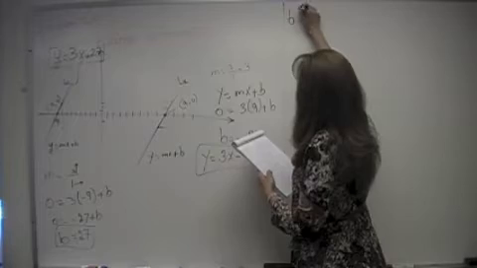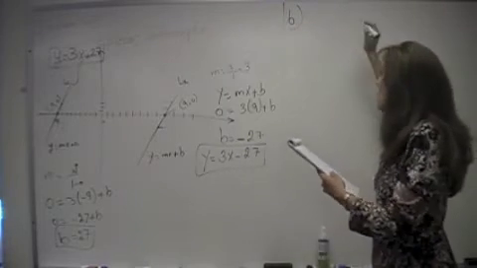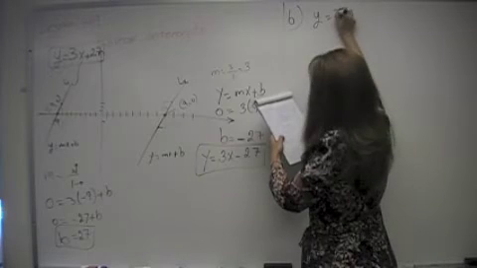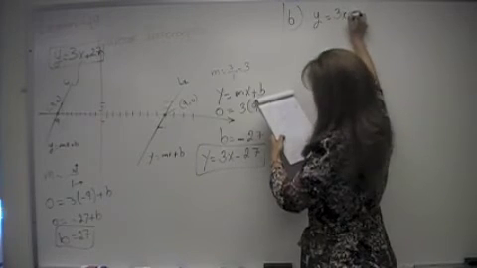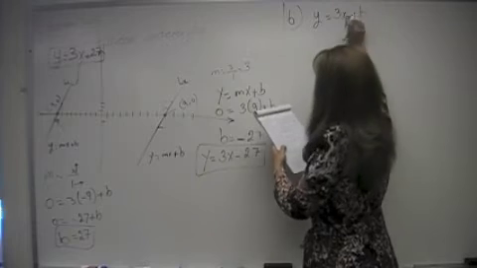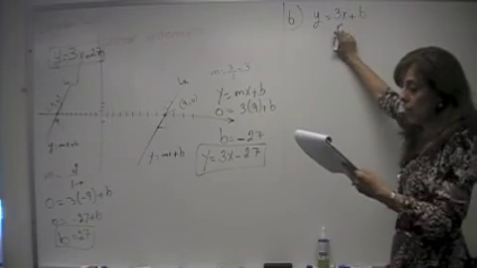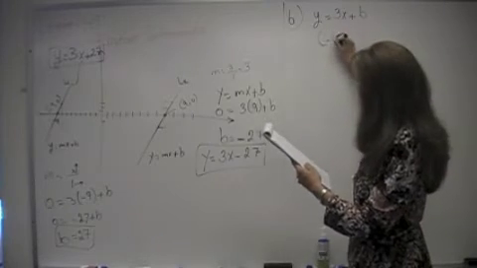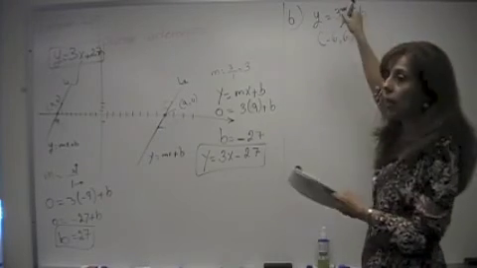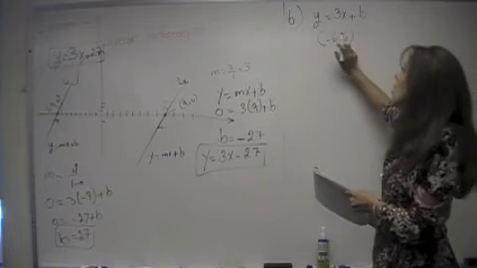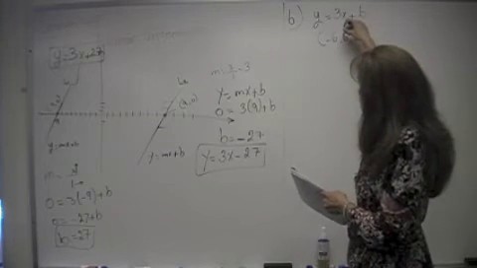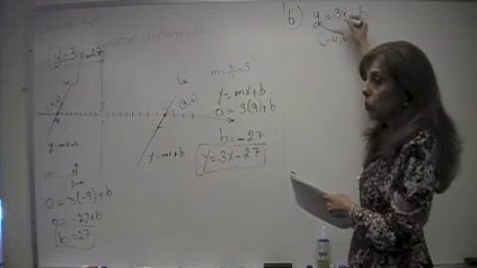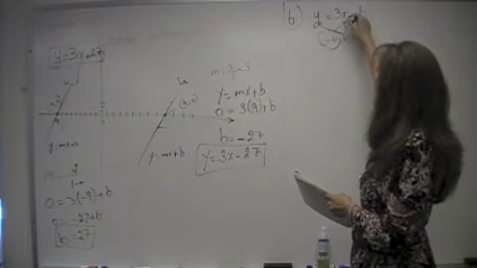Sometimes we give you the equation for a line, y equals 3x plus b. I'm giving you the slope as 3, and I give you one point, which is negative 6 comma 6, and I'm going to ask you to find the y-intercept. So you take the 6, which is your y, and plug it in.